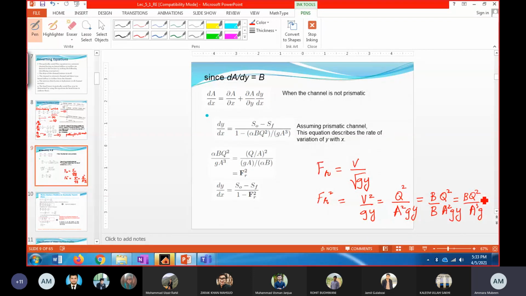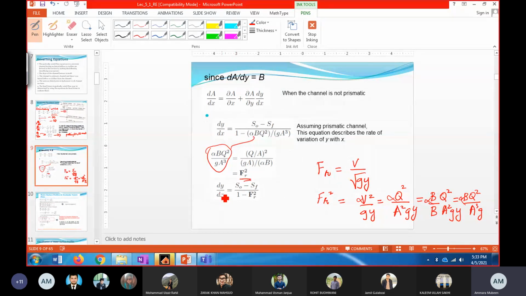Okay, so this is BQ square over, and if alpha is there, you will be introducing alpha also here. So alpha BQ square over AQG. So this is how you can convert this term into Fr square.